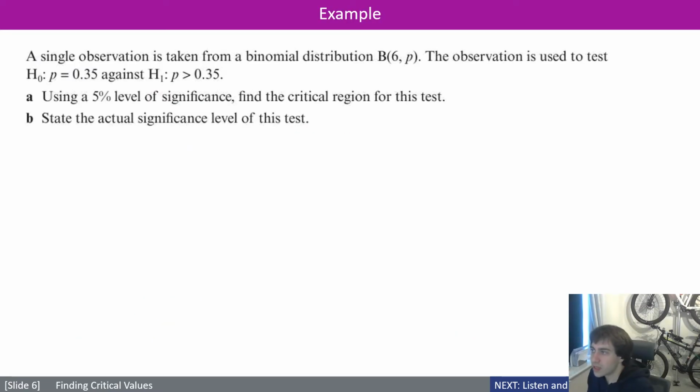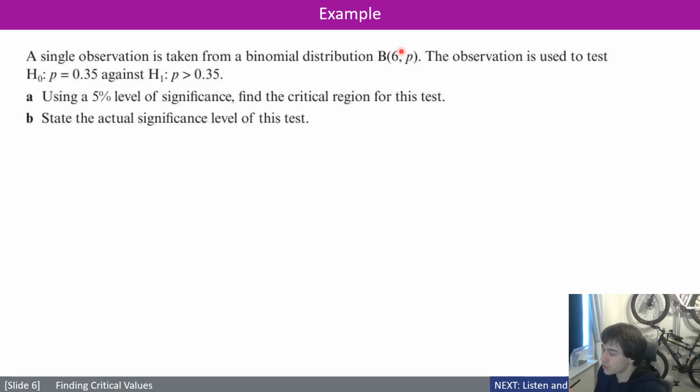Okay, so let's look at a specific example. We've been given that we're going to take a single observation, so we're going to do some experiment and observe a number which is taken from a binomial distribution B(6, p). So in other words, there's a hypothesis test going on.